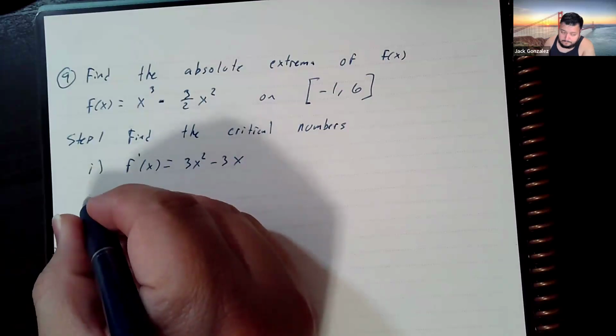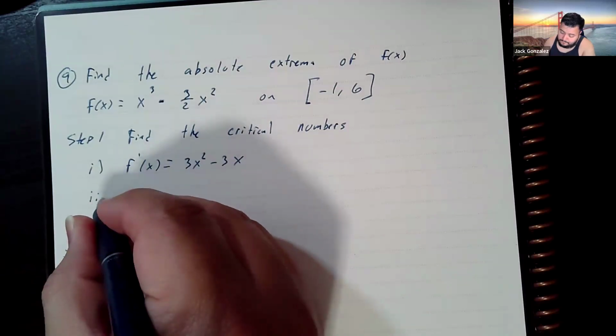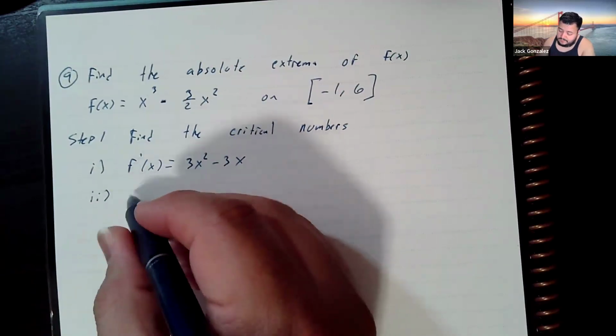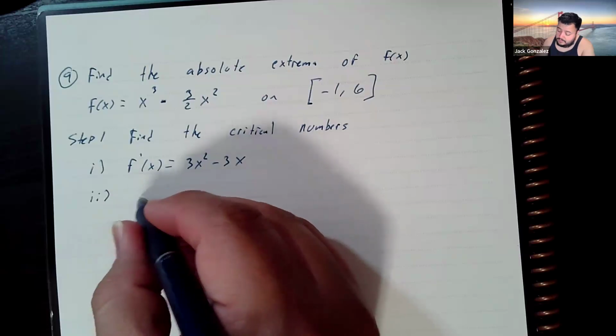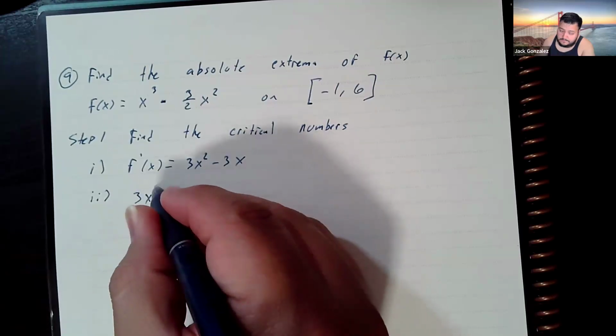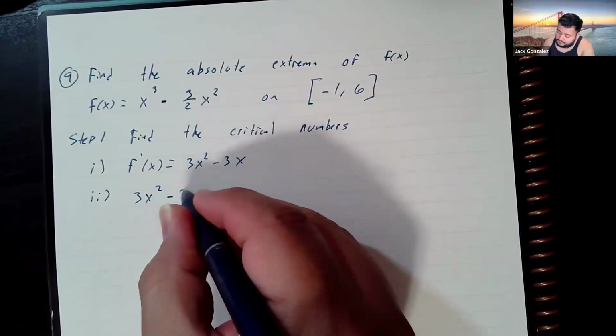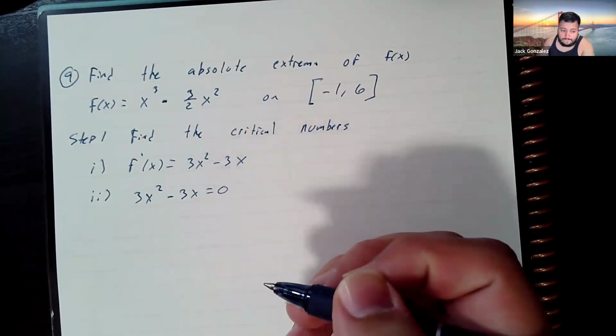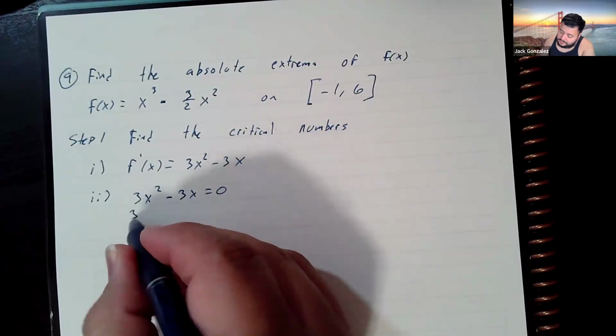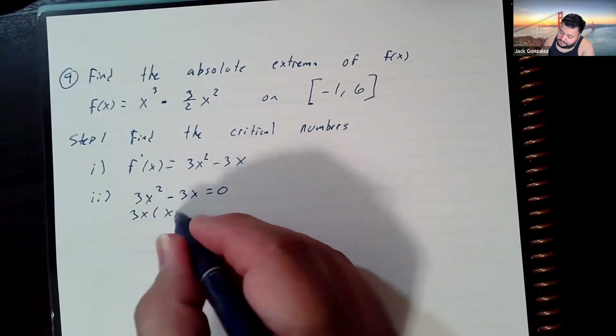Step two, set this to 0 and solve like we did earlier. Factor 3x, and it looks like we're going to get x minus 1.